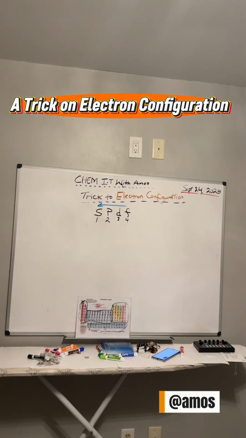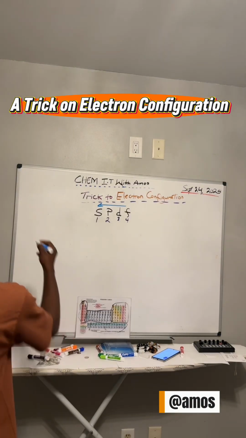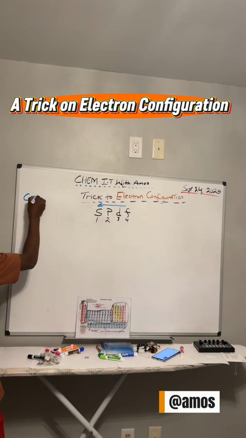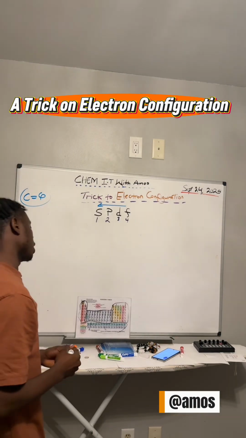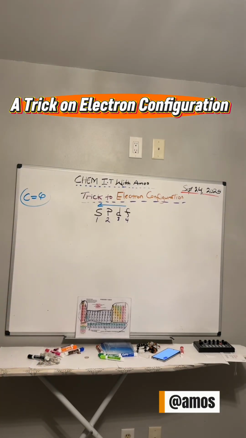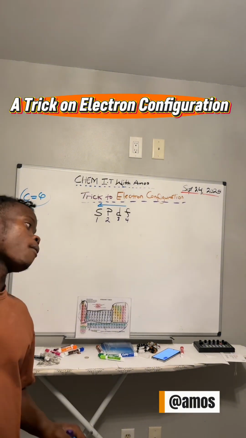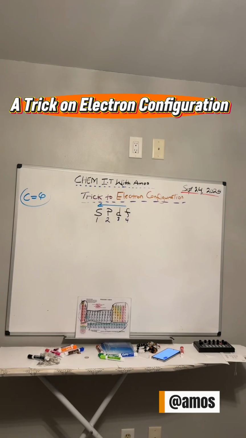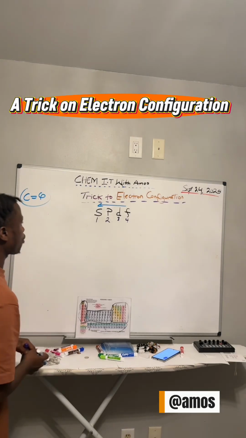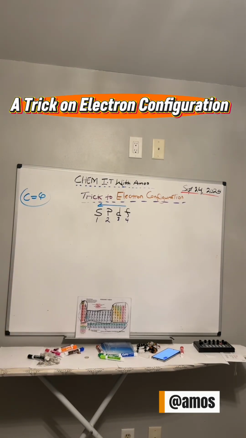If we're trying to configure any element, like maybe carbon, carbon is element 6, and it can be found in group 4 or group 14 of the periodic table, and carbon forms 4 bonds. To do this, we are going to write down the diagonal theory that looks like a snake pattern.